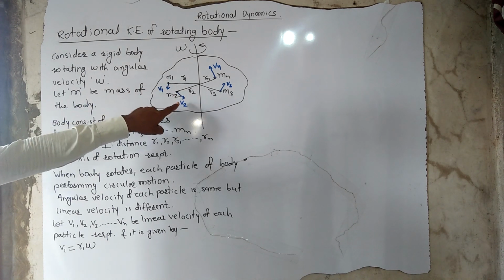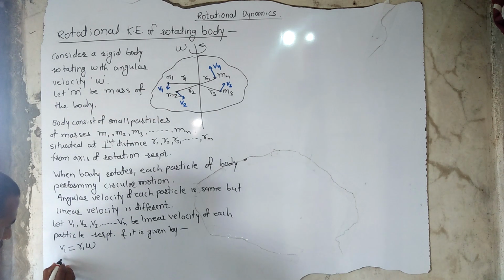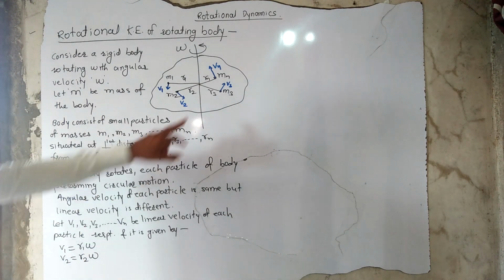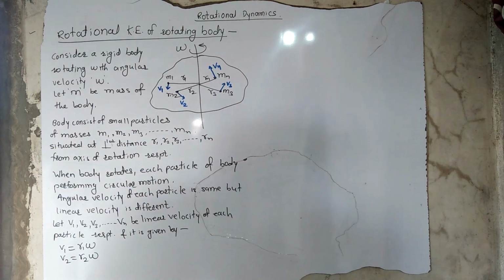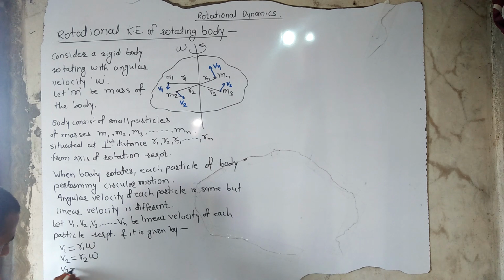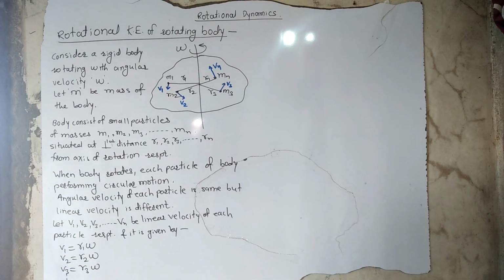The linear velocity of the second particle is given by v2 is equal to r2 omega. The linear velocity of the third particle is v3 is equal to r3 omega. In this way, the linear velocity of the last particle will be vn is equal to rn omega. That is, v is equal to r omega. This is the relation between the linear velocity of a particle and the angular velocity of the particle.